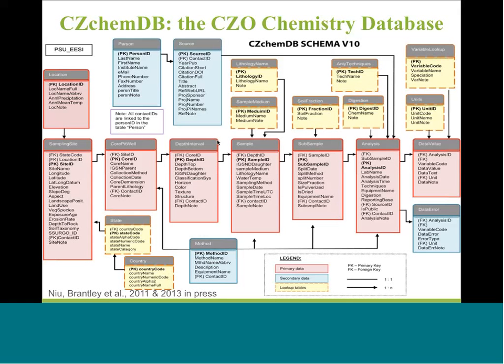And so they realized that they had to have additional information about depth intervals, what pit or core or well did that come from, and then information about the sampling site. And then they get to this much more general information about the location that that sampling site is in. So you can see there was quite a bit of additional information, some of it very specific. A lot of this other information is rather similar at some level.